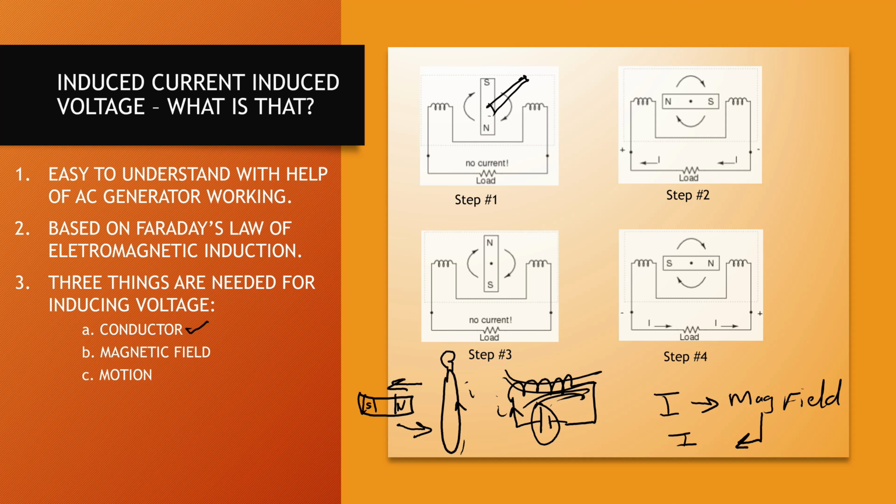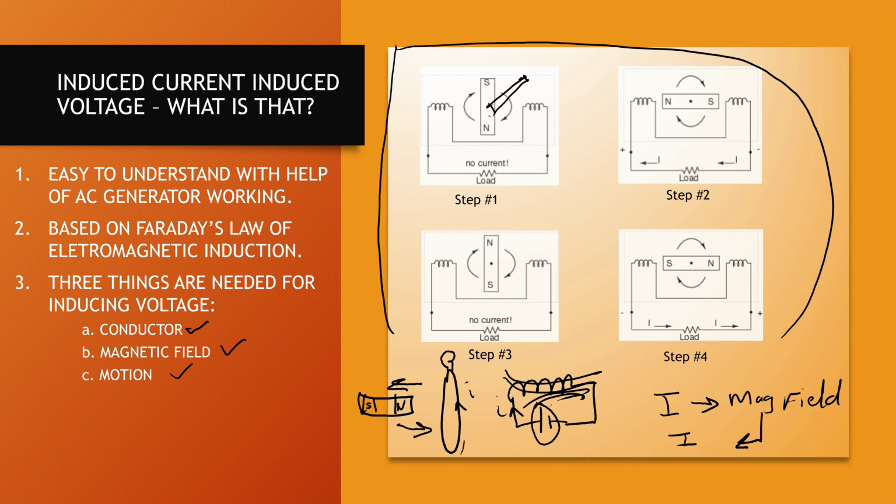The direction of the current doesn't matter to the load, because we want to generate current. It's easy to understand what's happening here, and why they say there should be a change in the magnetic field and flux to induce voltage and current. So this is the basic of Faraday's law of electromagnetic induction.